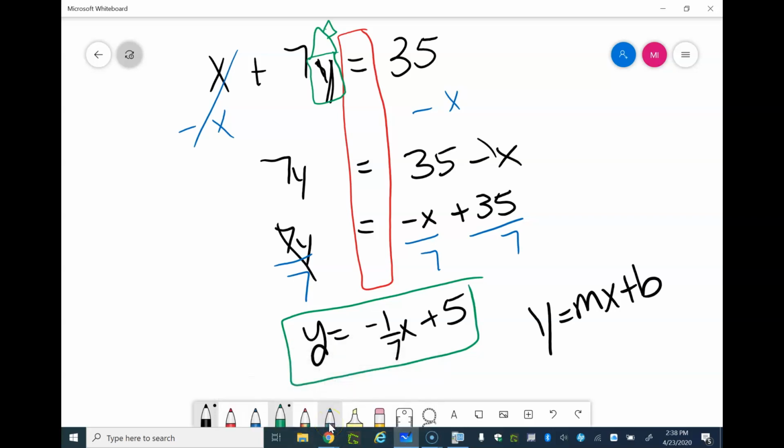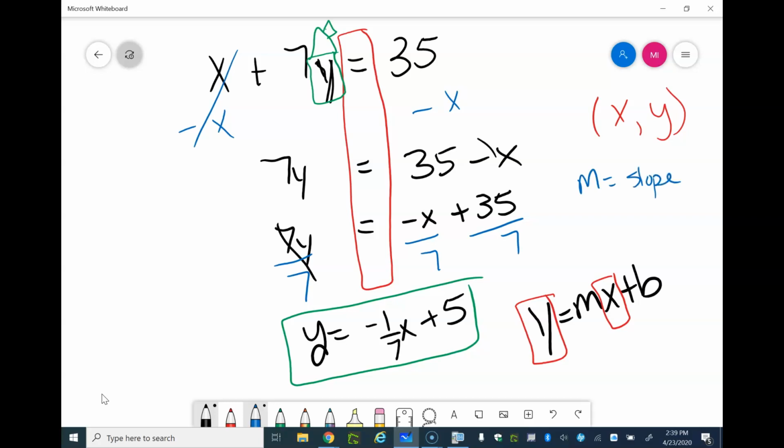So just to recap what each of these parts mean. The y and the x are going to be just ordered pairs. The m is going to represent slope, and we'll go over this again further on in DMA 50.